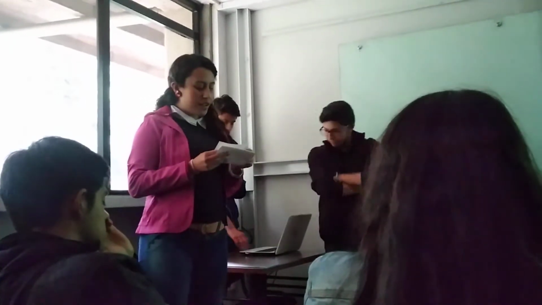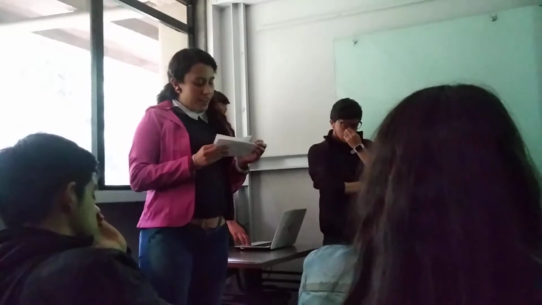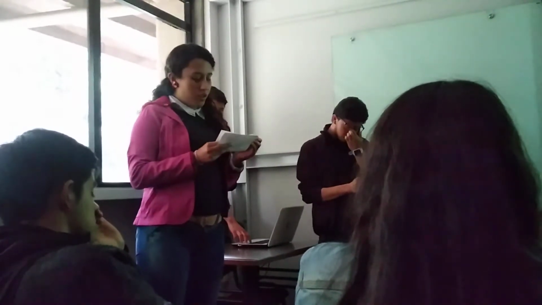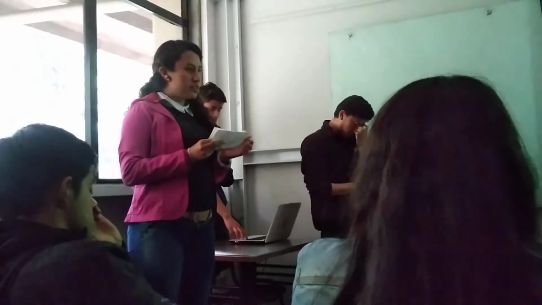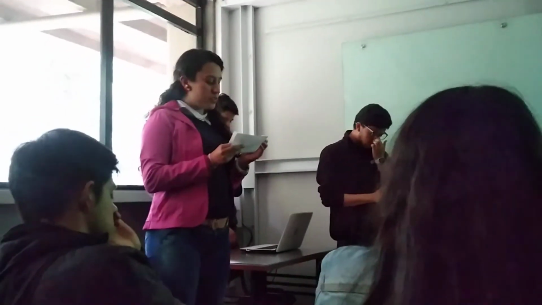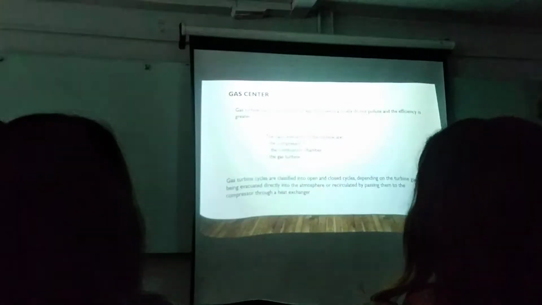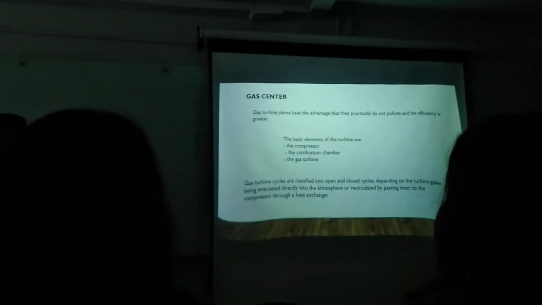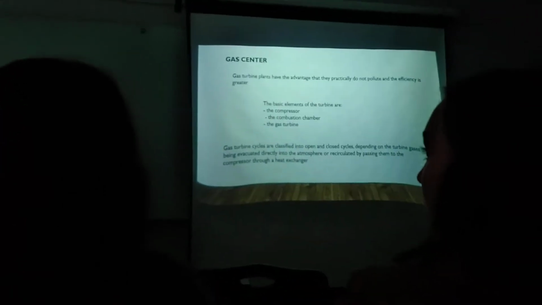In environmental terms, the drawbacks are the emission of atmospheric pollutants: sulfur dioxide, nitrogen oxide, and solid particles. Gas turbines have the advantage that they do not pollute and have greater efficiency.